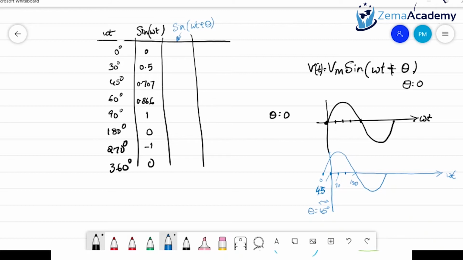So at omega t equals 0, what would be the sine value? Sine omega t plus theta will be sine 0 plus 45 degrees, because theta is 45 degrees.